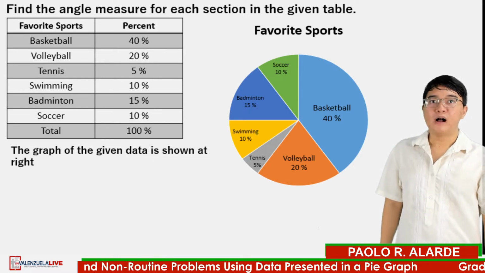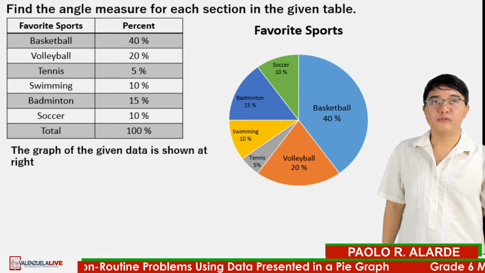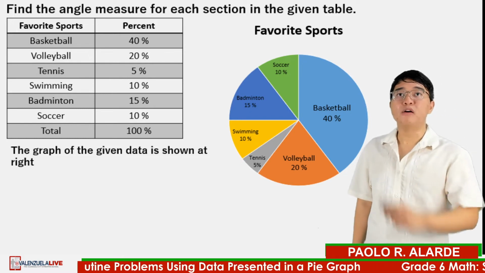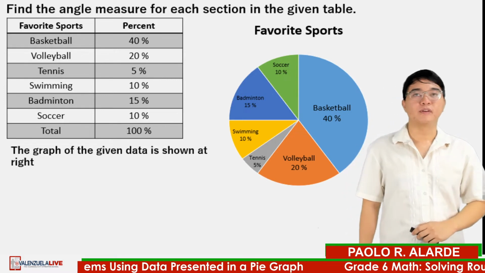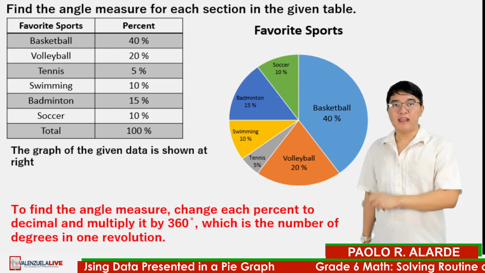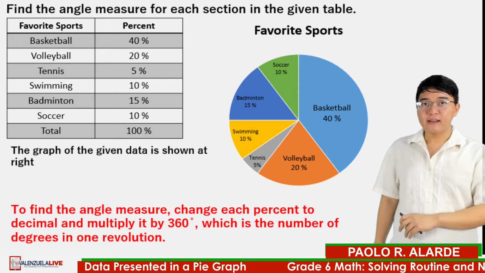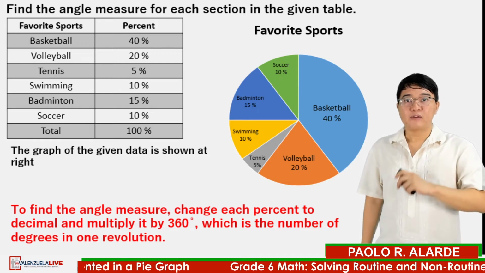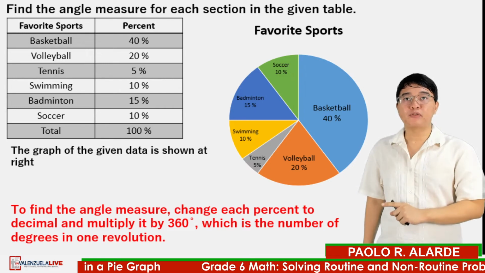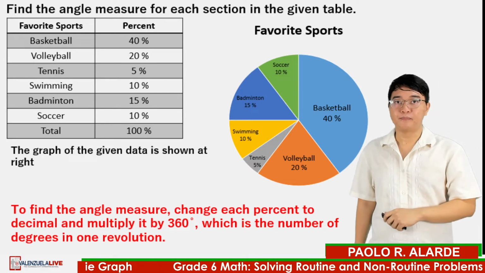Okay, so now how are we going to solve for the angle measure of each type of sports? Okay, so this is the answer. So to find the angle measure of each type of sports, first change each percent to decimal form.